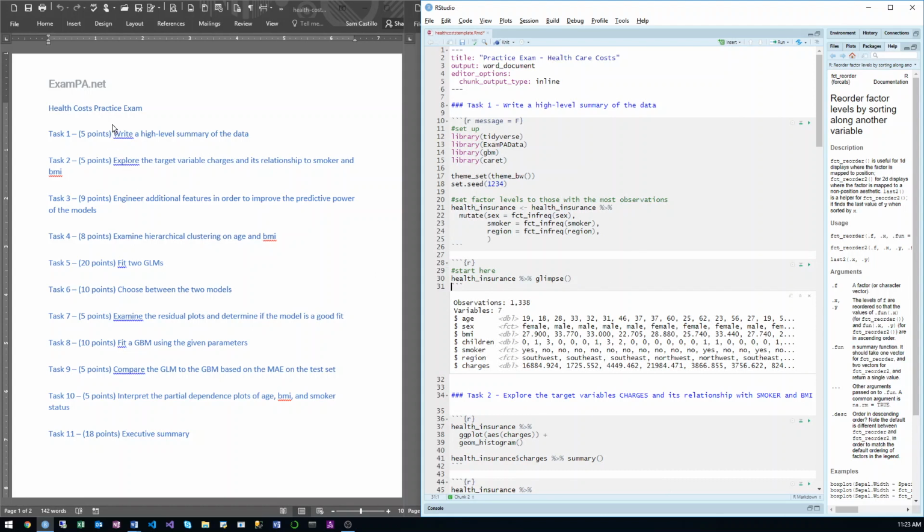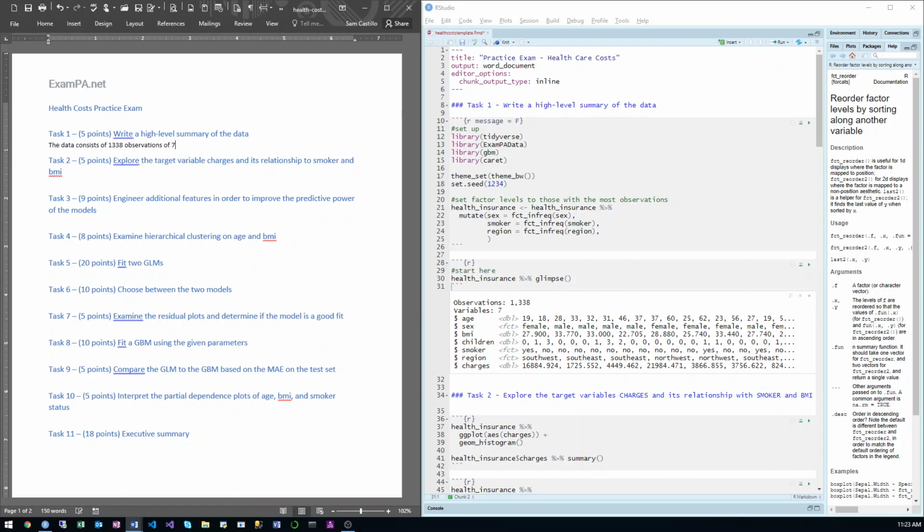Okay, and task 1, I can say the data consists of 1338 observations of seven variables.